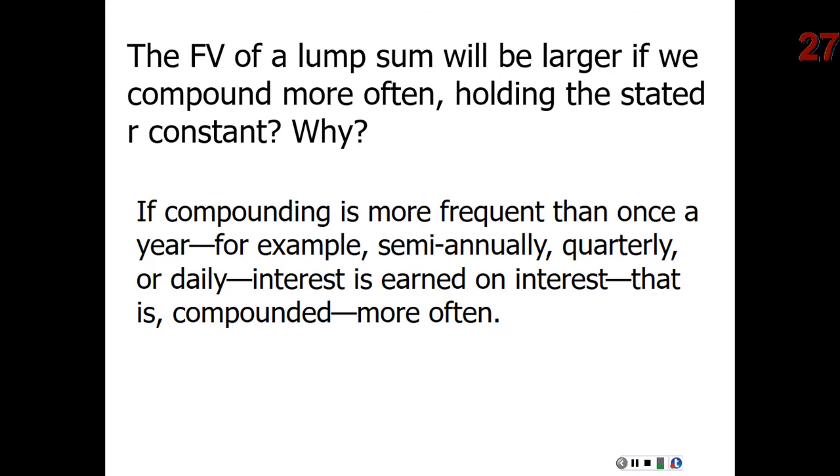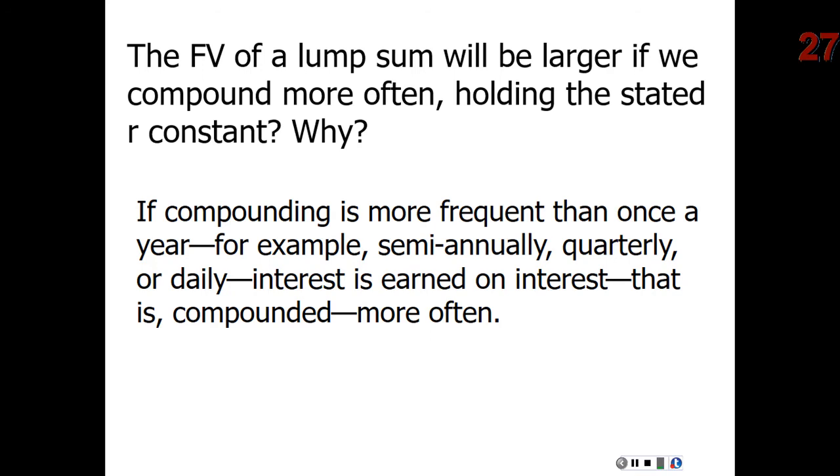Now, to use that in the real world, what that means for us is if we're depositing money, if we're searching around for a place to put our money, and we're comparing, say, two banks, one compounds semi-annually, the other compounds your savings quarterly, everything else is the same, you would want to go with the bank that compounds quarterly.